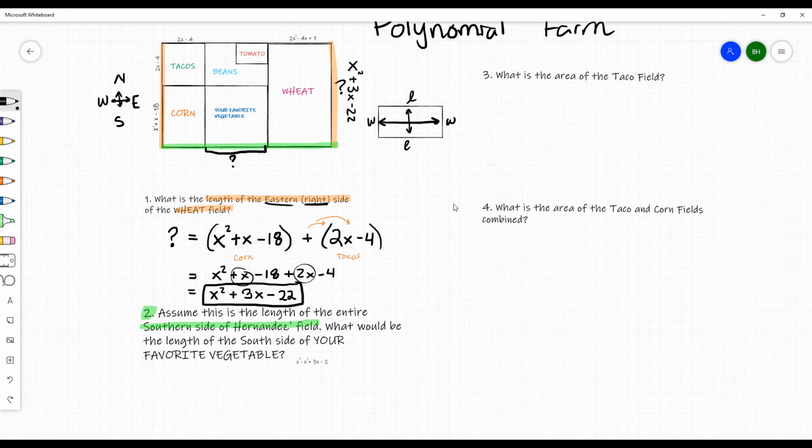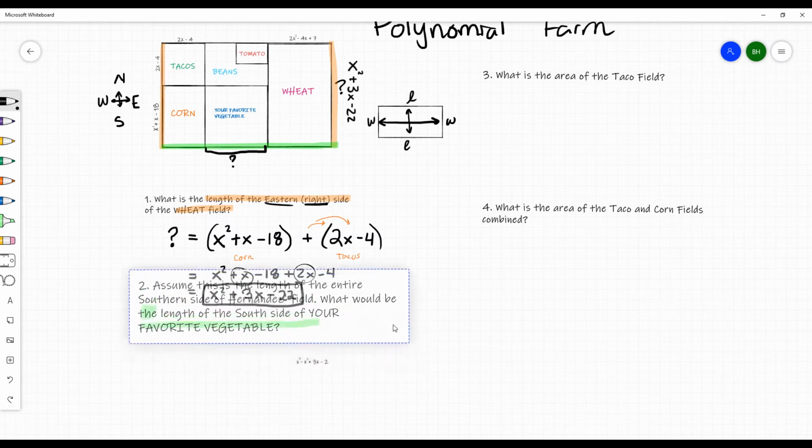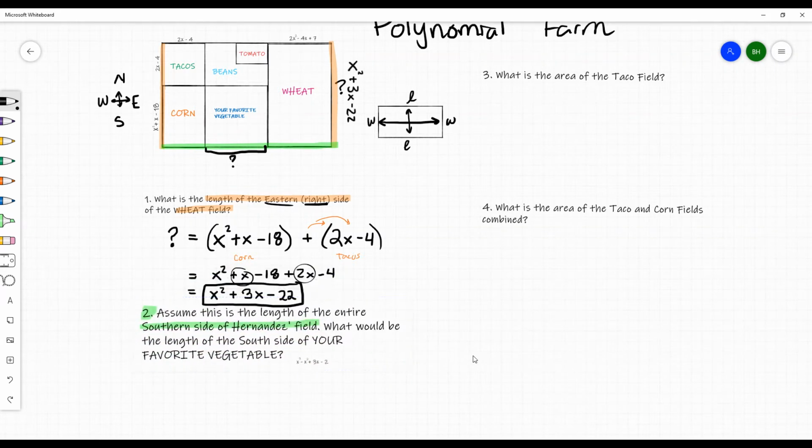This one's a little bit weird, and for your actual problem, I gave you this polynomial in your notes. What we need here is the entire southern side.